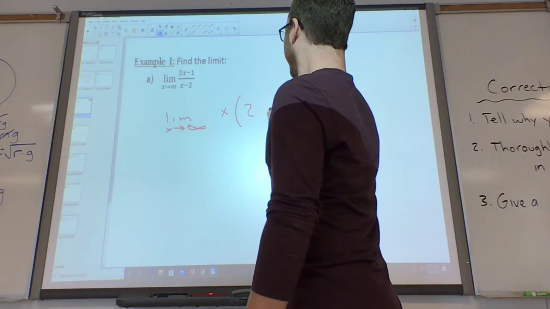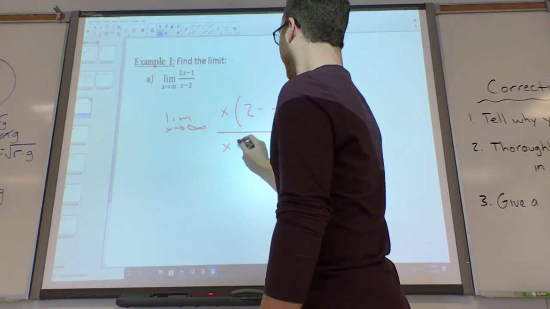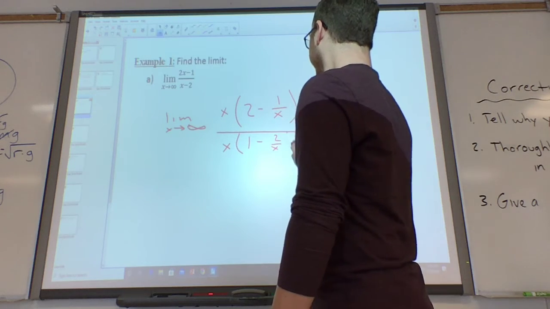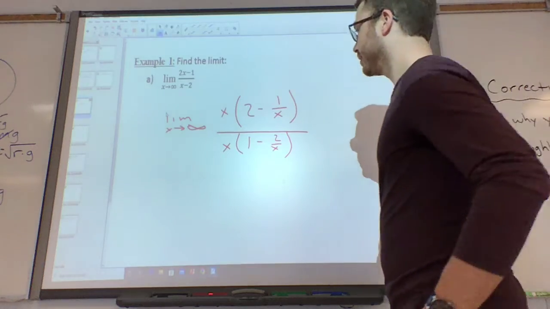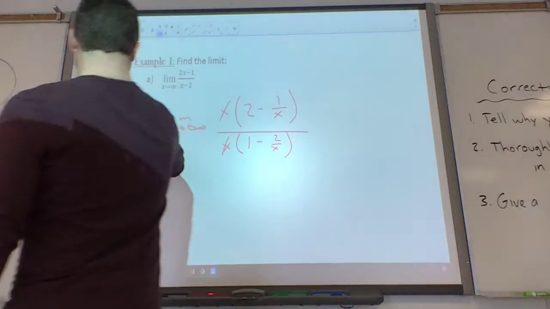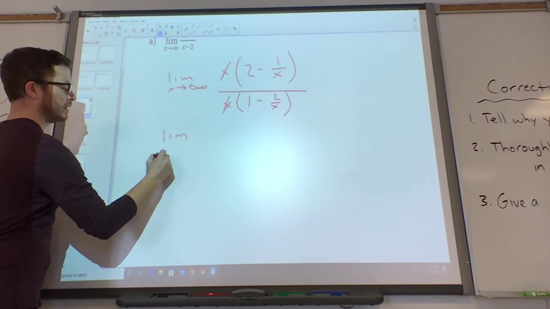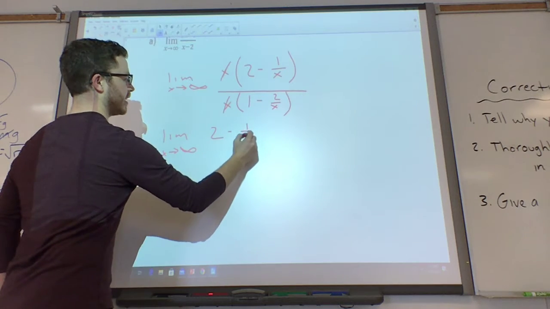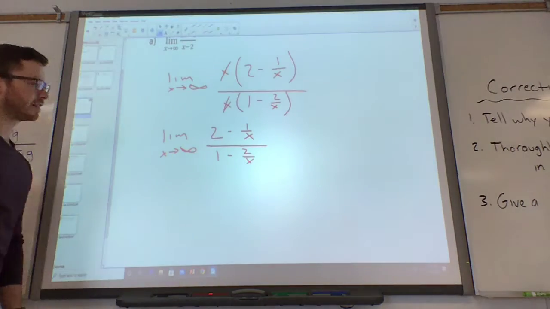So we'll get 2 minus 1 over x on the numerator. And then on the denominator, we will have 1 minus 2 over x. Okay, so our x's are cancelled. X divided by x is 1. So then we'll get limit as x approaches infinity of 2 minus 1 over x divided by 1 minus 2 over x.